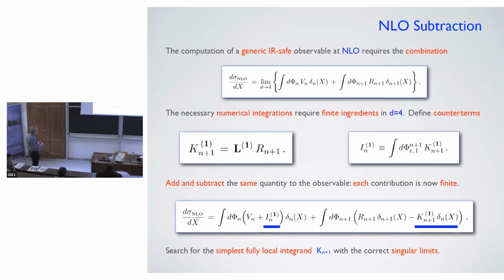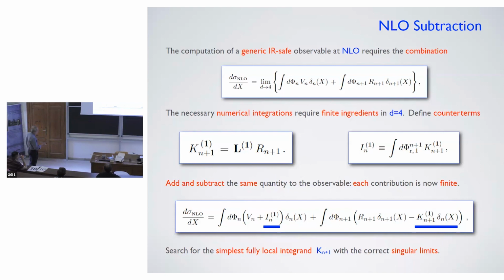That doesn't work because you absolutely need numerical integrations, and so you have to come up with a counterterm, and this is the definition of a counterterm. So you take the real matrix element, and you have an operator, which we call L1, which of course is a sum of terms. This is going to be the sum of all the singular limits of the real matrix element, so a sum of collinear sectors and a sum of soft sectors.